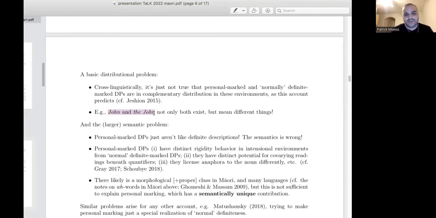So if you say, I need you to find somebody named John and somebody named Mary, and you say, I found them, you can say, which one? Did you find the John or did you find the Mary, right? And that doesn't mean the same thing as did you find John or did you find Mary? And an account like this predicts here the article would obligatorily contract into nothing, and that's not right. So there's a basic distributional problem.